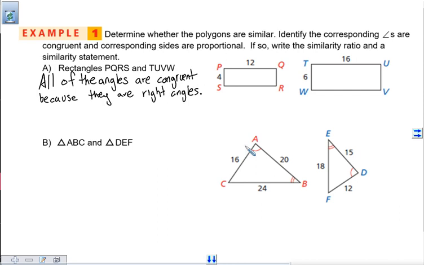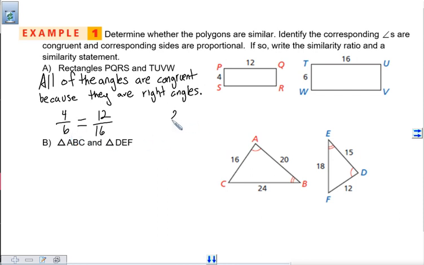Then we need to look and see if our sides are proportional to each other. So 4 matches up with 6. 12 matches up with 16. Are these equal? So what does 4 over 6 reduce to?